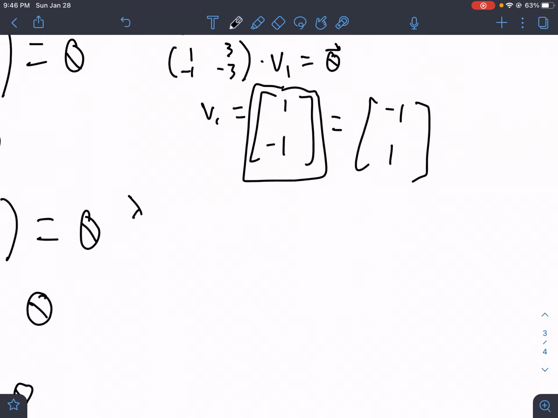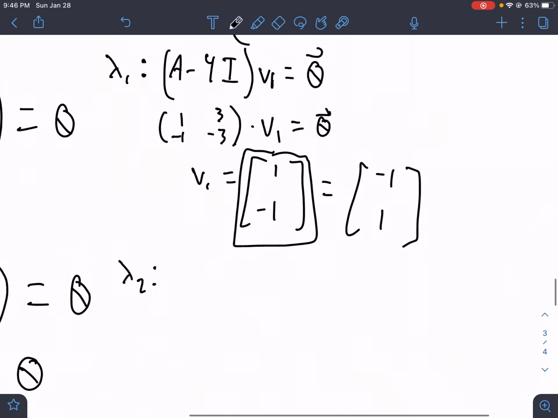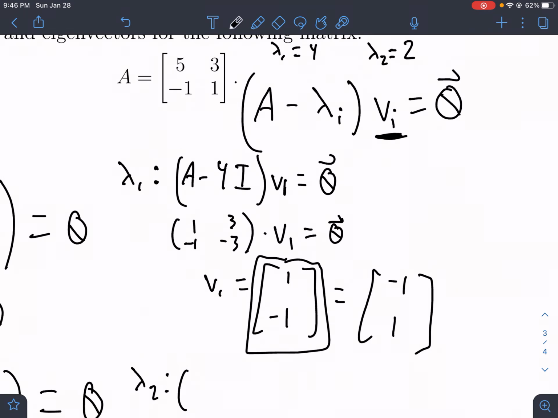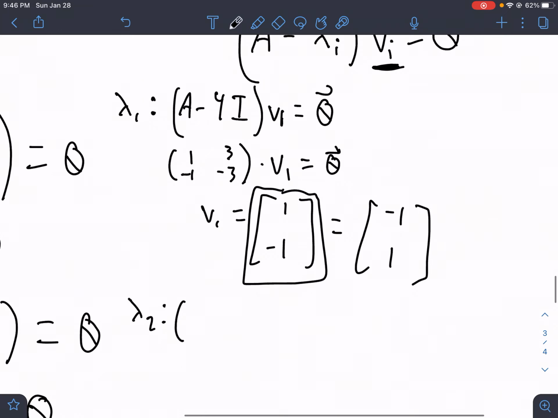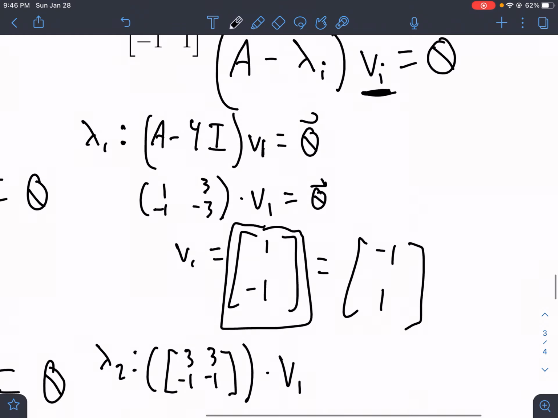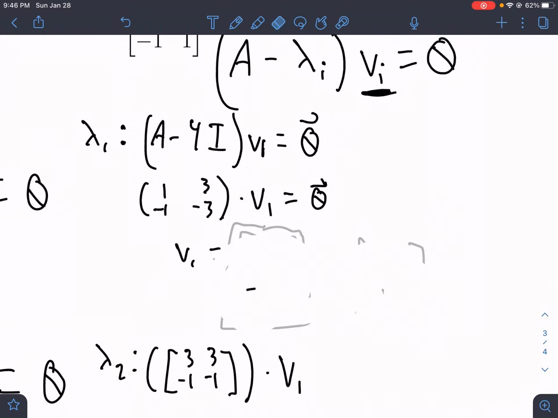And for our second eigenvector, we're going to plug in lambda 2. So we're going to do the exact same thing, plug in 2 instead of 4. So we get [3, 3; negative 1, negative 1] times V. I am now realizing that I have made a grave mistake in the first calculation.